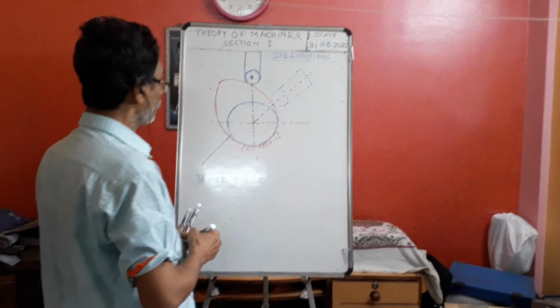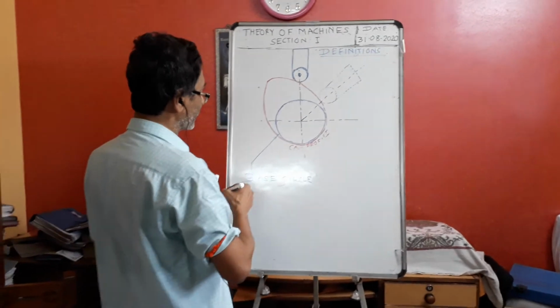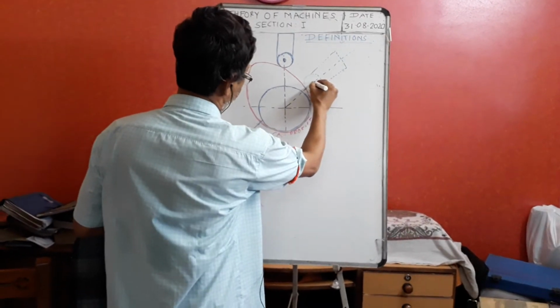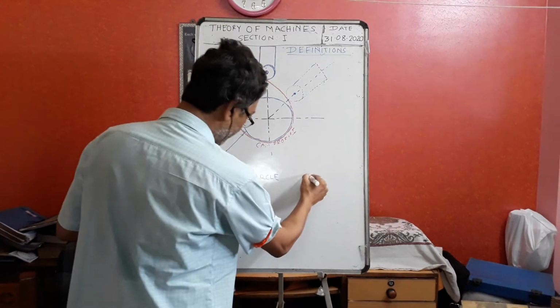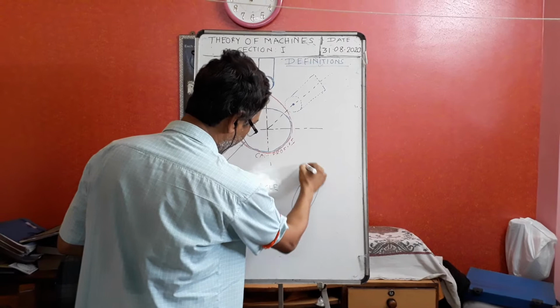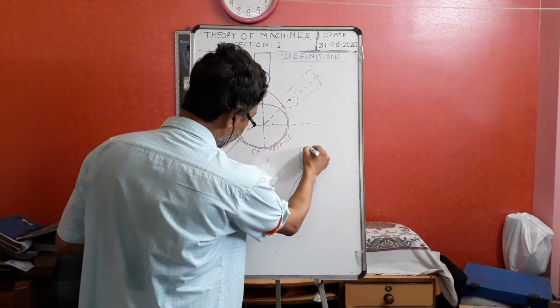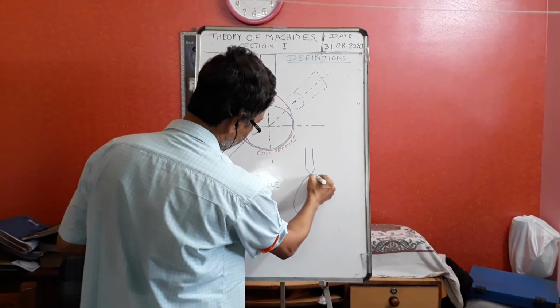Now, what is the trace point? Next we will go to the trace point. Suppose this is our cam and this is a knife edge follower.